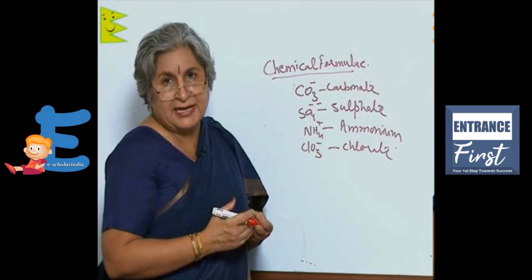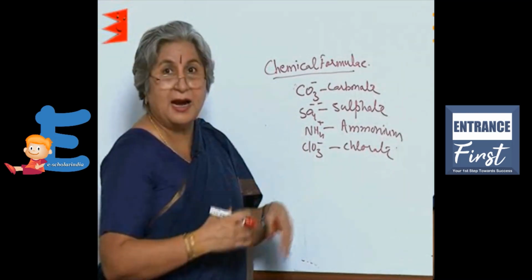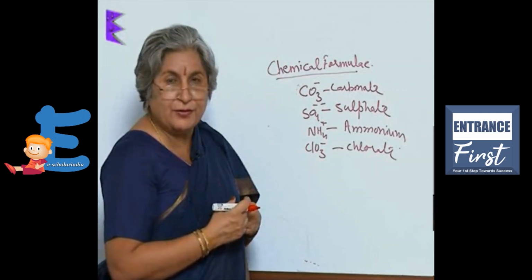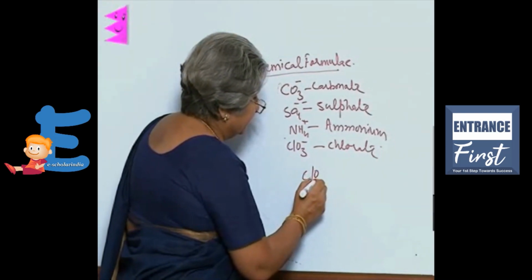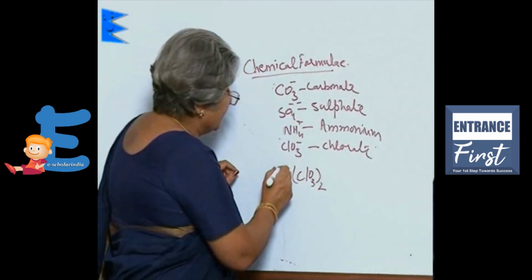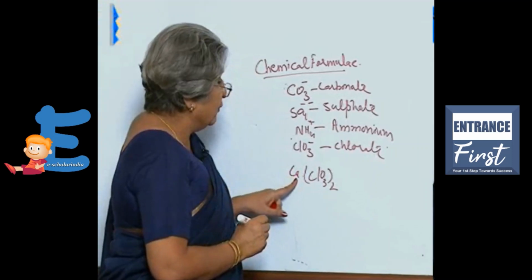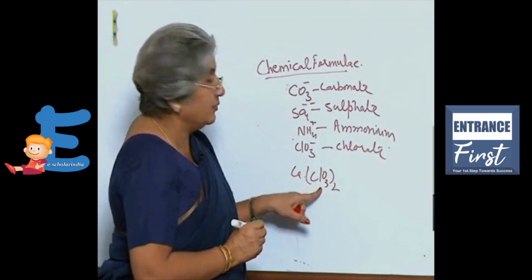But actually what we are saying is that both chlorine as well as oxygen are double. Then what will we do? We have to put it in a bracket. If it is calcium chlorate, for example, the 2 valency of calcium has to go to chlorate, then we will put it in brackets.